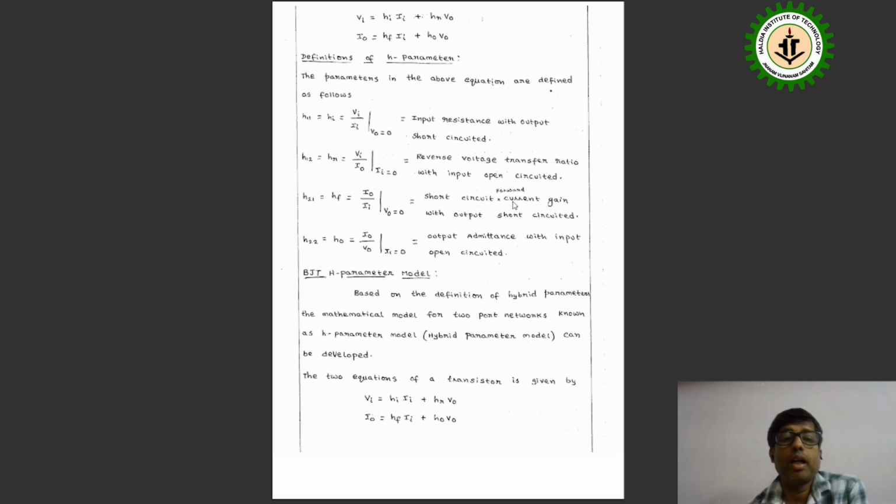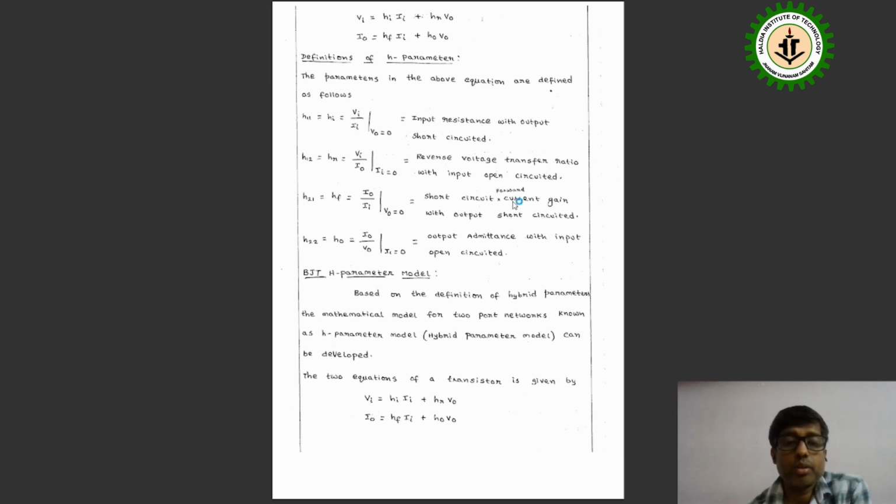H21 is HF, that is I naught by I1 when V naught is 0. If we put that, then you get the short circuit forward current gain with the output short circuited. In the same manner, H22 will be the output admittance. So we can determine this from the equation.